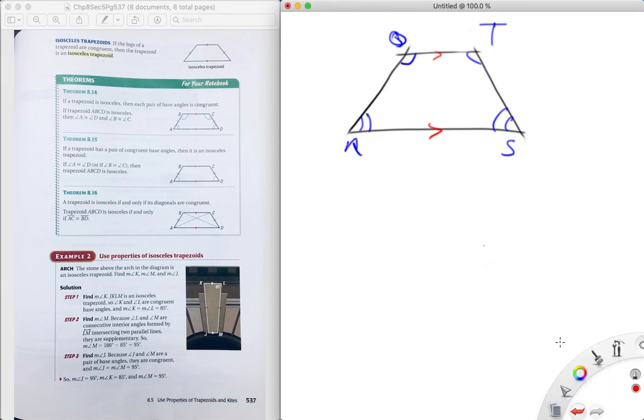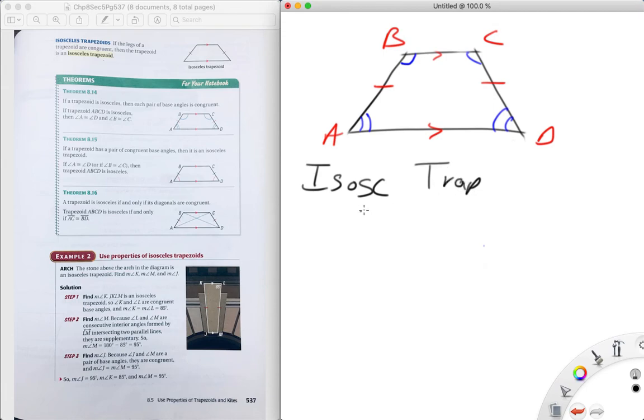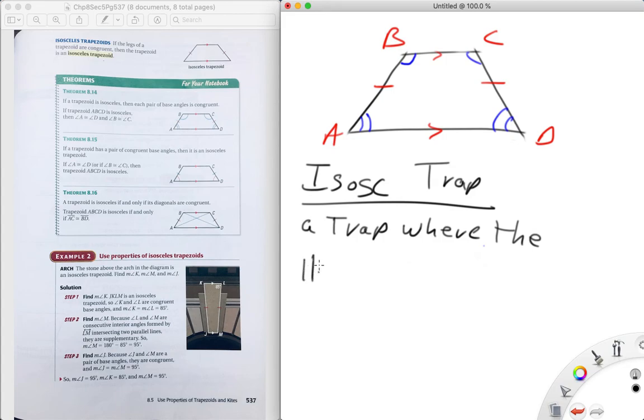When we talk about an isosceles trapezoid, it is a trapezoid where the legs are congruent. Okay, a trapezoid where the legs are congruent.